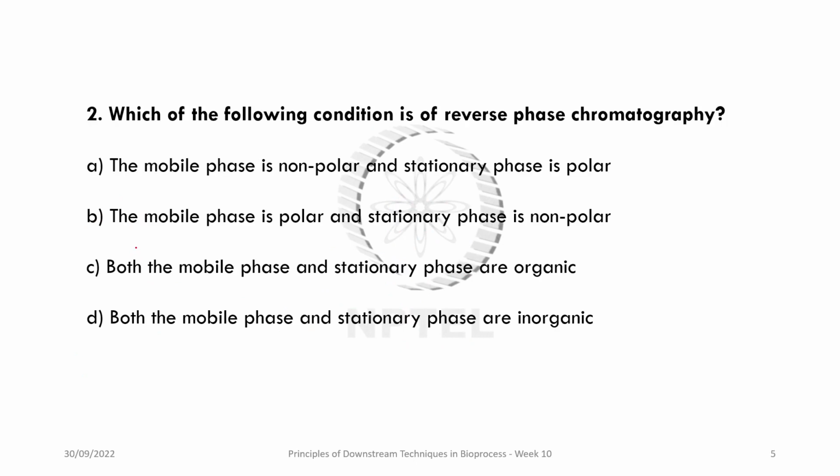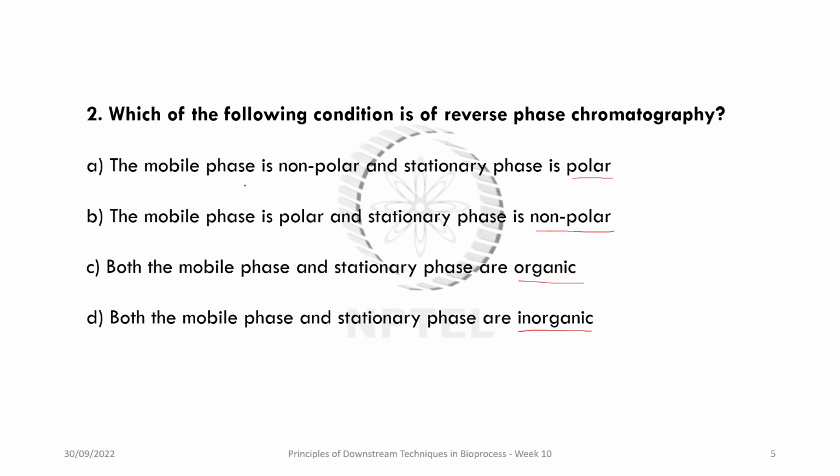Okay. So question 2. Which of the following conditions is of reverse phase chromatography? Option A. The mobile phase is non-polar and stationary phase is polar. B. The mobile phase is polar and stationary phase is non-polar, just the opposite. C. Both the mobile phase and the stationary phase are organic, and D. both mobile phase and stationary phase are inorganic.